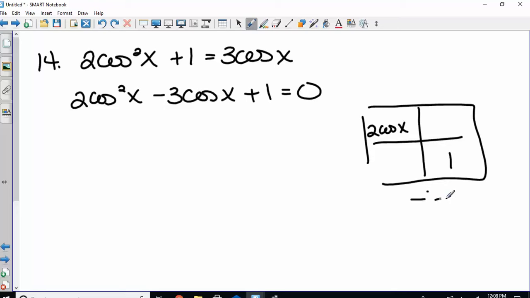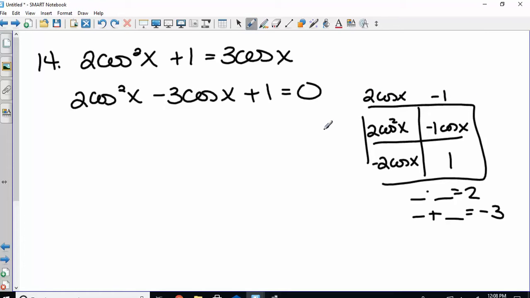So I need two numbers that multiply to 2 and add to -3. Forgot the square. Thank you. So when I factor this, we can take out a 2 and a cosine. This way, -1 cosine x minus 1.